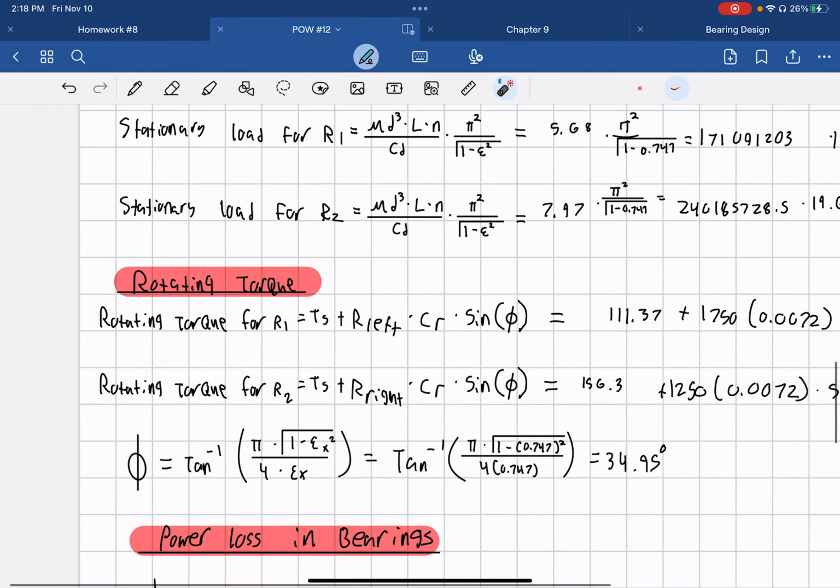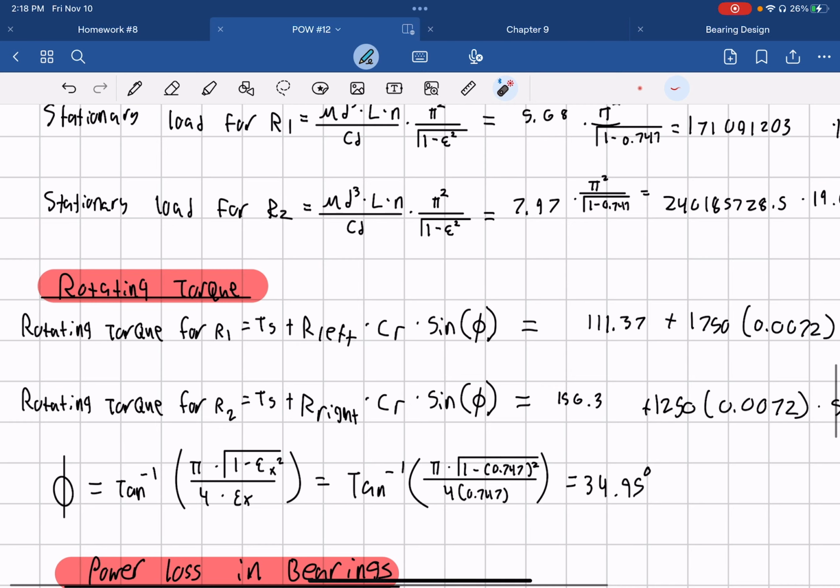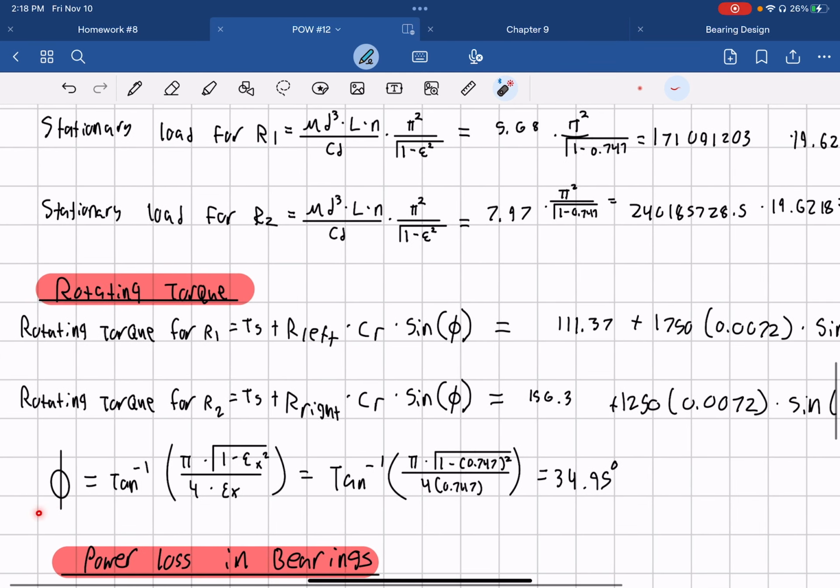Thirdly, we need to find the rotating torque. For this one, we need to first find the angle phi, which is the same for both our reactionary forces, and how we do that is by using this equation right here. You just plug in the eccentricity ratios that we had originally found, and we got an angle of 34.95.